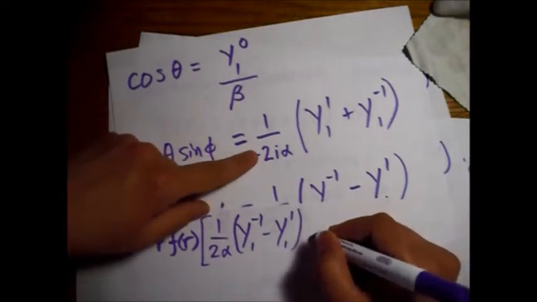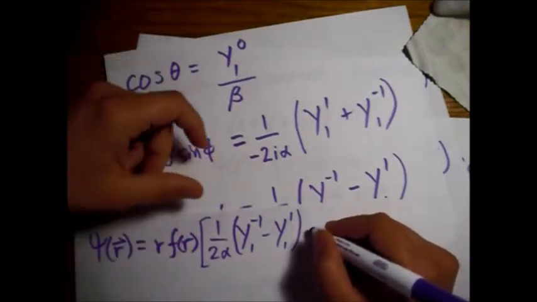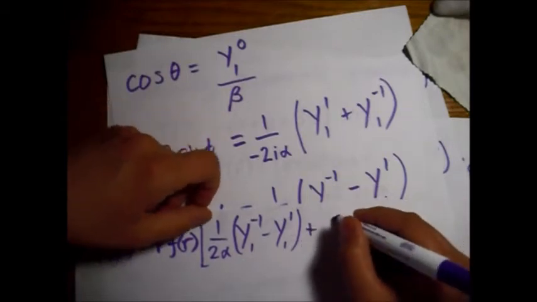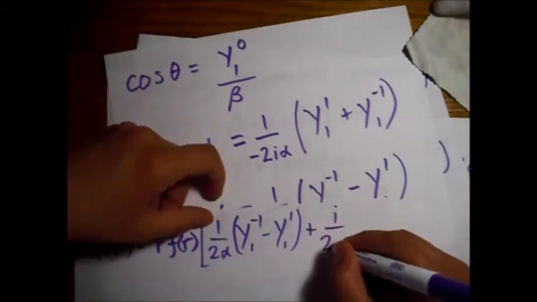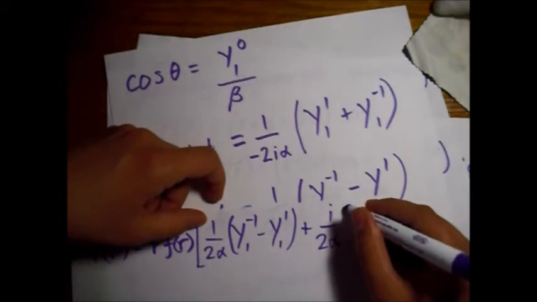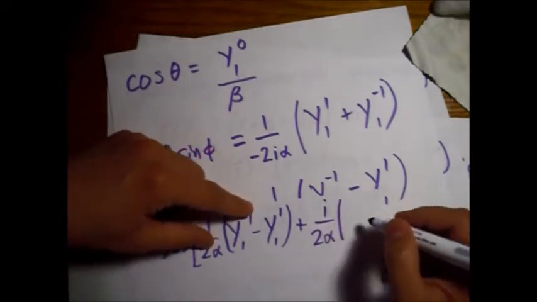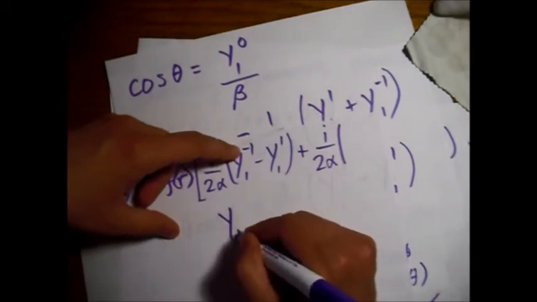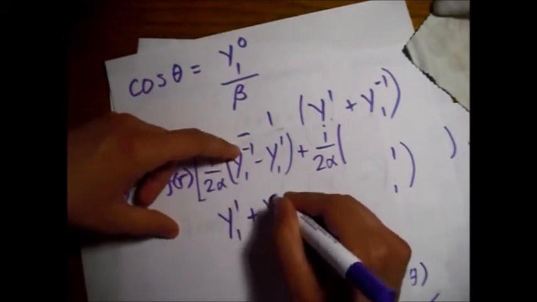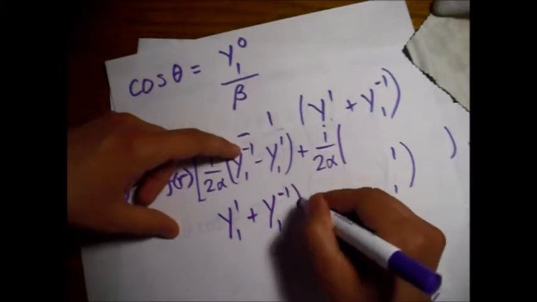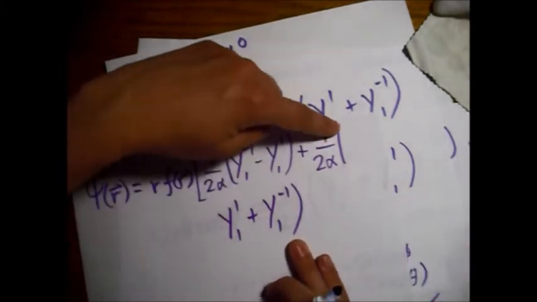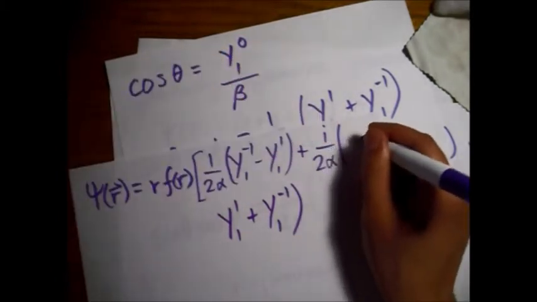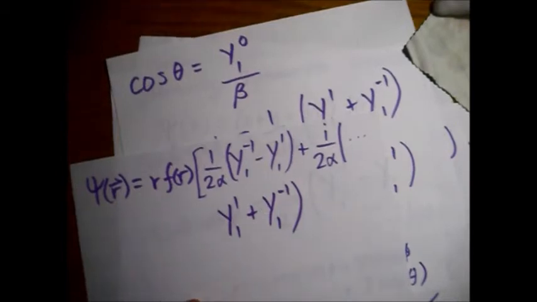Right, so we have a plus i over 2 alpha, and I'm going to go ahead and write this down here. So Y1 1 plus a Y1 minus 1. So here's the closed parentheses, here's the open parentheses. Okay, kind of messy.